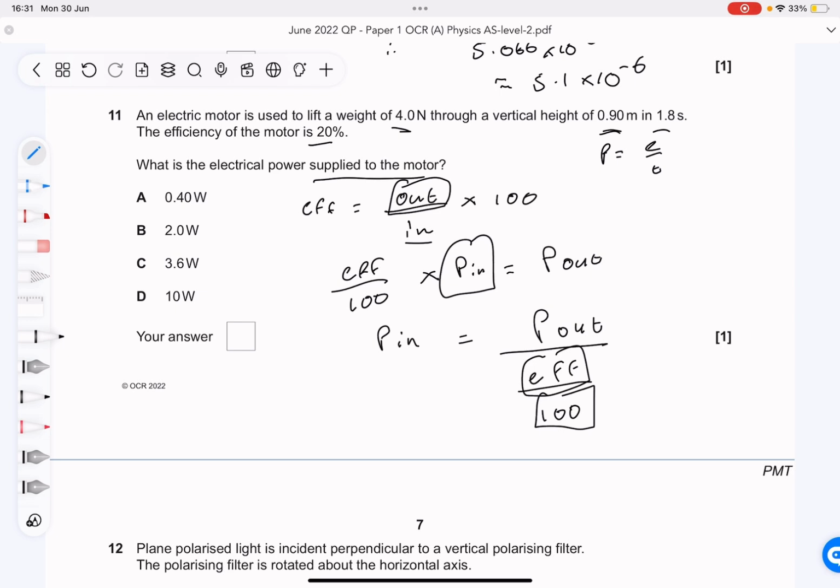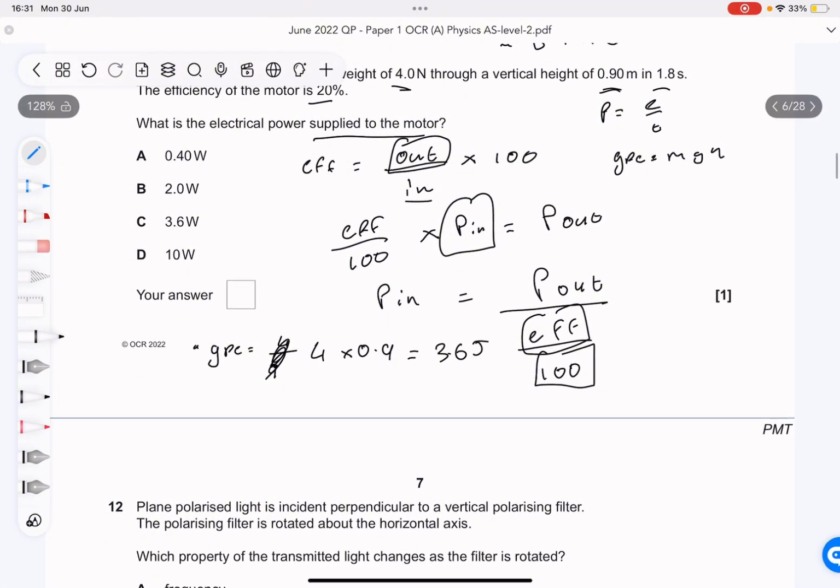So that is GP equals mgh. Now, if you come down here, just because there's more space, GP would be 4 times 0.9, which gives me, on the calculator, 3.6 joules.